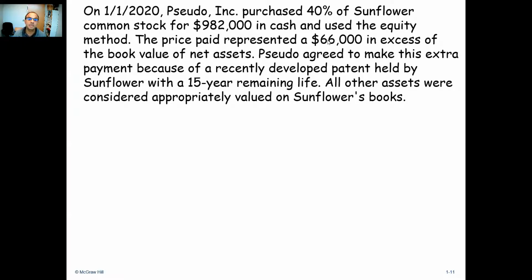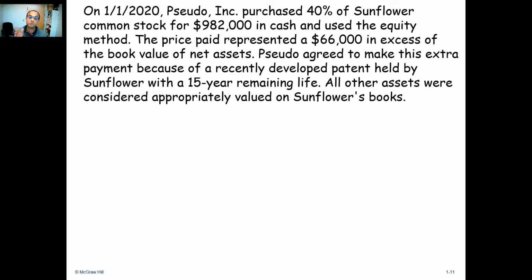The price paid was $66,000 in excess of the book value of net assets. When I say net assets, I mean the equity, which is assets minus liabilities. Sudo agreed to make this extra payment because of the recently developed patent. In the previous example, it was trademark. So the trademark or the patent differs from one example to the other based on the scenario.